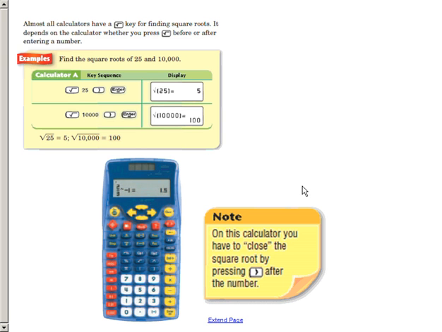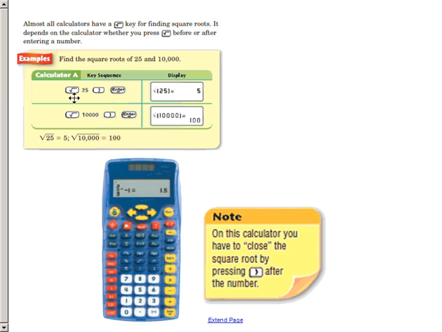If you have the calculator that is recommended or that you could have purchased at the beginning of the year, you're going to find that you'll put in the square root key and you'll put in the number that you want to find the square root for, but then you'll have to put in the parentheses key. And it says, note, on this calculator, the one many of you use, you have to close the square root by pressing that parentheses key.